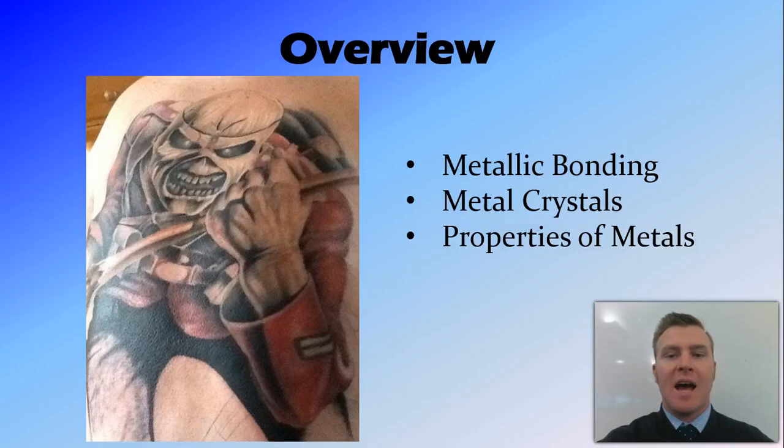In this video, we've looked at metallic bonding, having the positively charged nuclei or cations within a sea of electrons or delocalized electrons that are free to move around. How those cations are packed together affects the crystals that the metals will form. And we've looked at some of the properties of metals, including conductors of both electricity and heat.